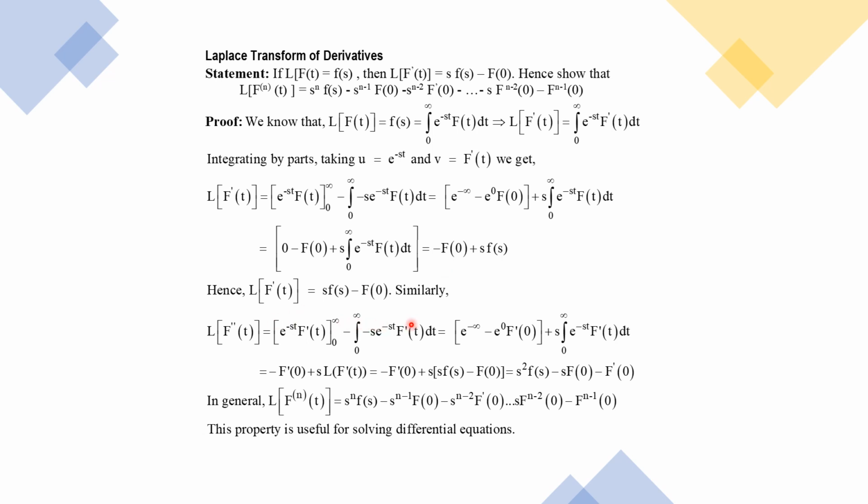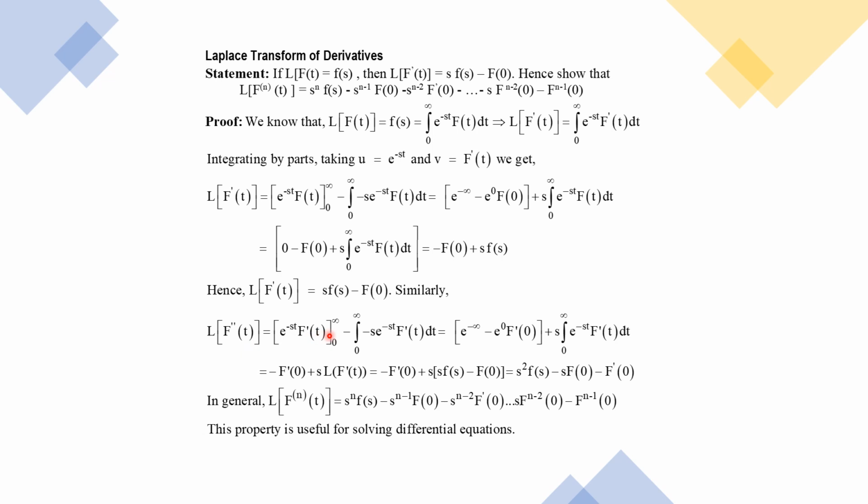Similarly, you can easily find Laplace of f''(t), the double derivative of f(t), by using integration by parts. Taking e^(-st), first taking the integration of f''(t), which becomes f'(t) between the upper and lower limits, minus the integral from 0 to infinity of the derivative of e^(-st), which is minus s e^(-st), and the integration of f'(t) dt.